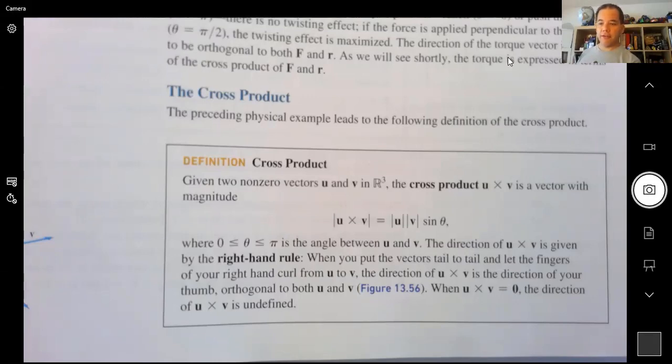And for that, the way we're going to figure out the direction is we're going to follow the right-hand rule. The right-hand rule is you take one of the vectors u, you point in the direction of v, and then wherever your thumb points, that's going to be the direction of u cross v. All right? So we're using the right-hand rule.